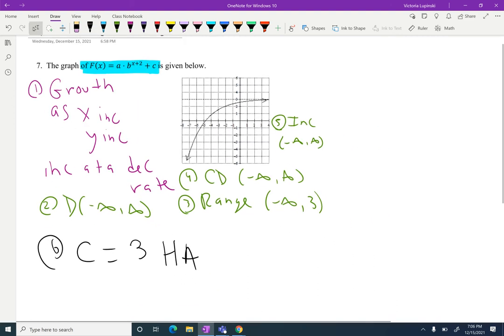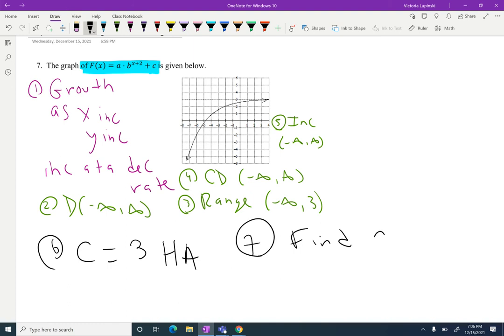Then if I was going to solve for the other values, if I know C to start, I would then find A. In order to find A, the best ordered pair to pick is the one that's going to get this exponent to cancel out. The best way for that to happen is if I use the point -2 comma something.